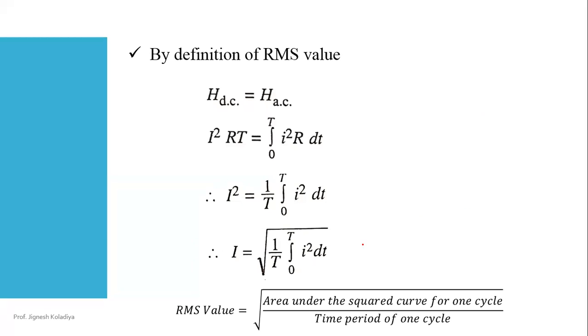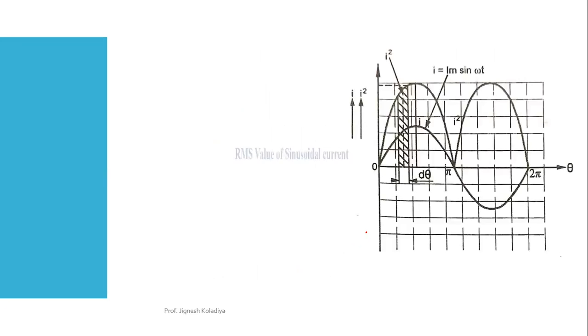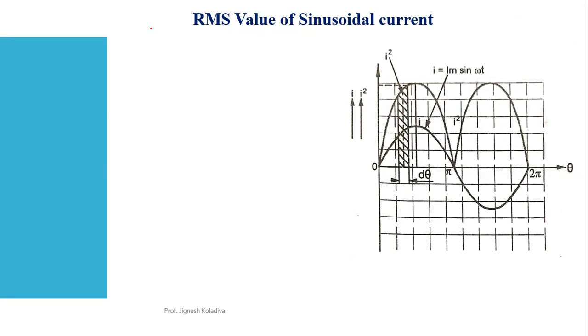You have to remember this equation. I is equal to square root of 1 by T integration 0 to T I square into dt. RMS value of sinusoidal current. So in this case, first of all, small i is equal to Im into sine omega t.